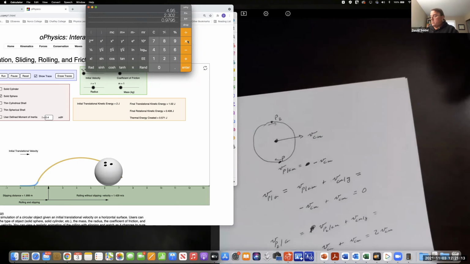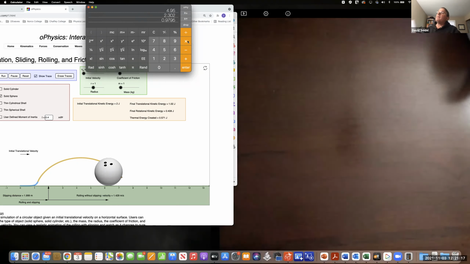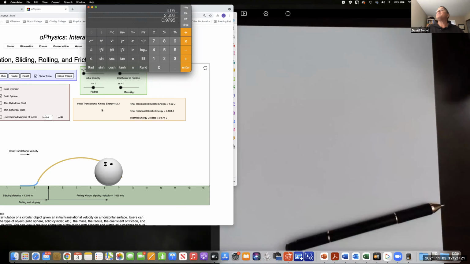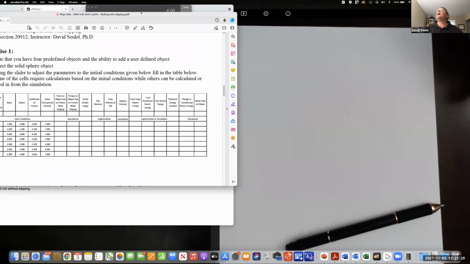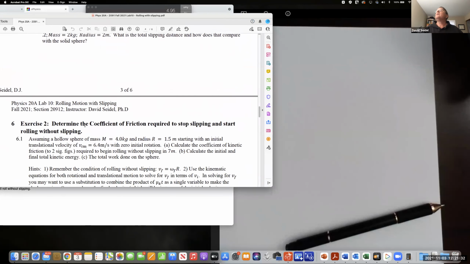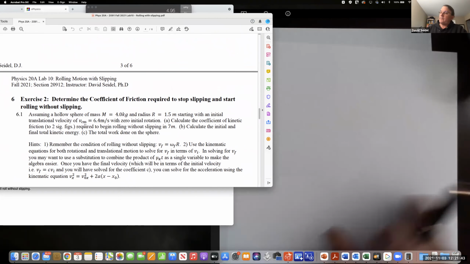So you're going to spend some time on this. The last part of this lab, however, is a tad more challenging. You have to do the calculation in advance. Determine the coefficient of friction required to stop slipping and start rolling without slipping. I'm going to assume you have a hollow sphere.